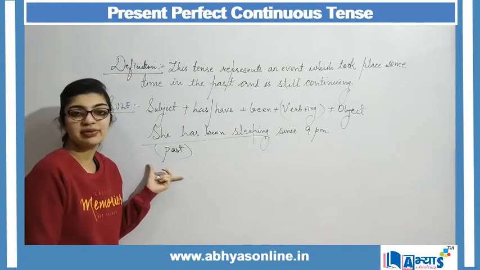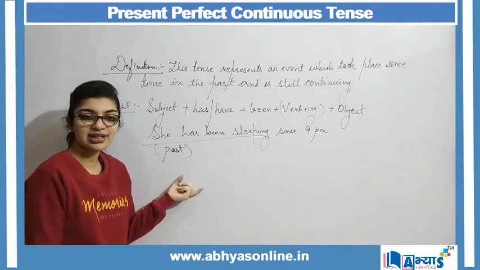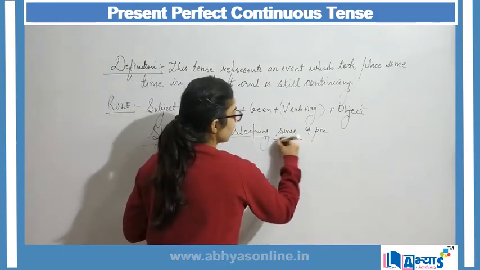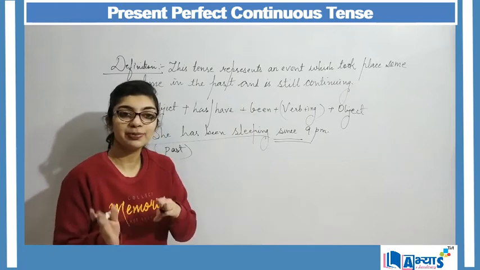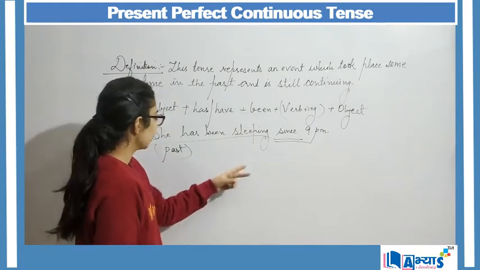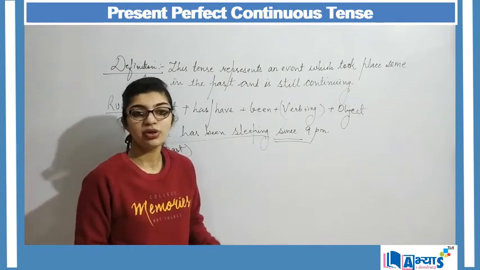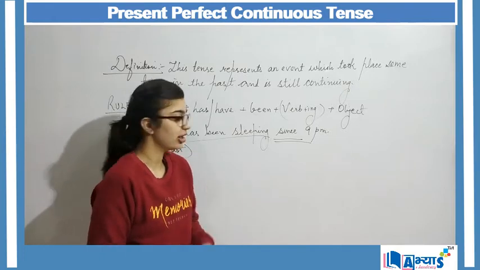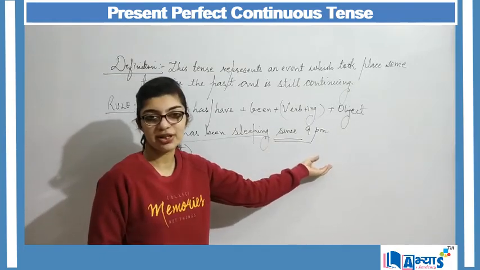So this is the representation of past tense, that some action took place in the past. Since means that something occurred or some event took place in past and it is still continuing, which means that she slept at 9 p.m. and whatever time it is now, she is still sleeping. So an event that took place in the past and is still in the continuation.